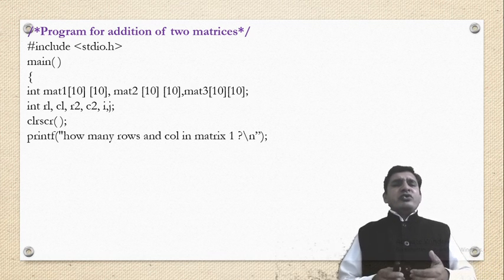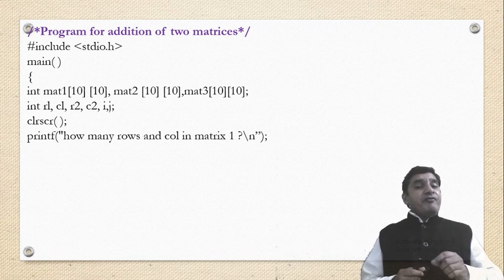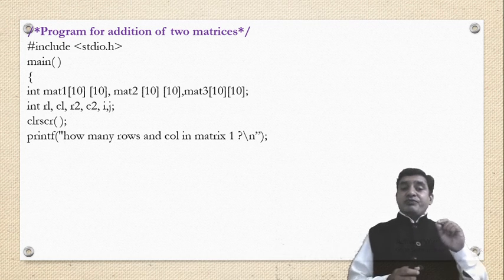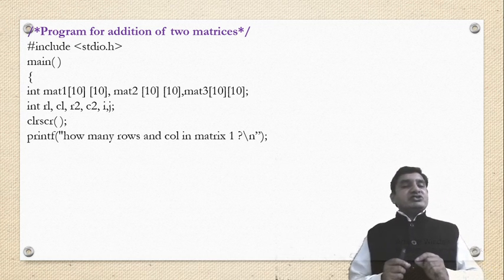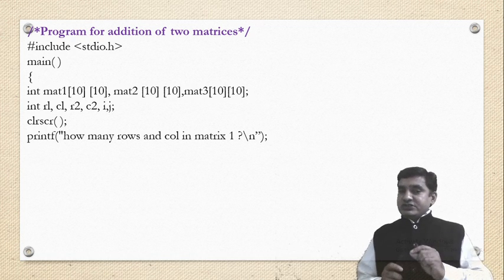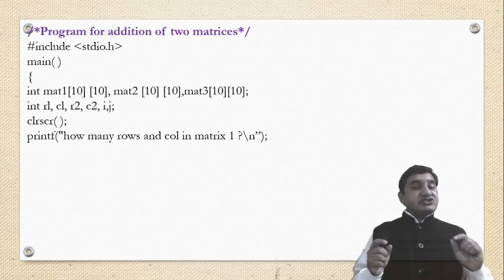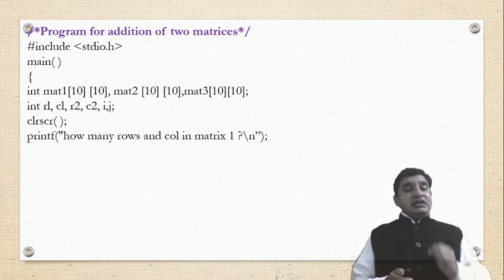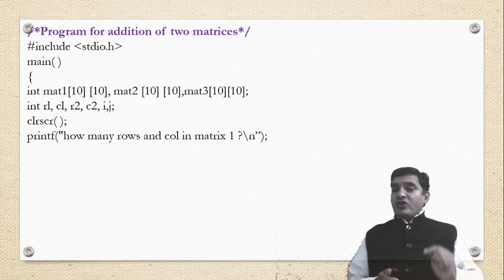Then we have to enter the number of rows and number of columns of the first matrix. So printf, how many rows and columns in matrix first? This message is displayed on the screen. Now we have to enter the number of rows and number of columns.